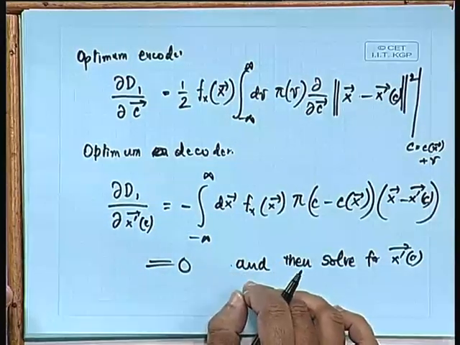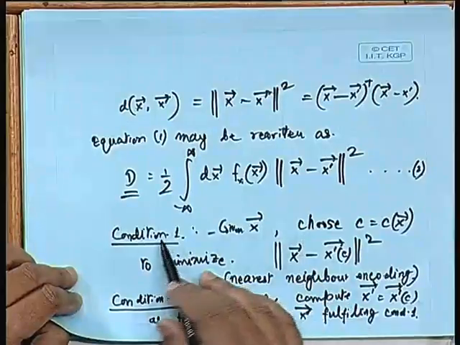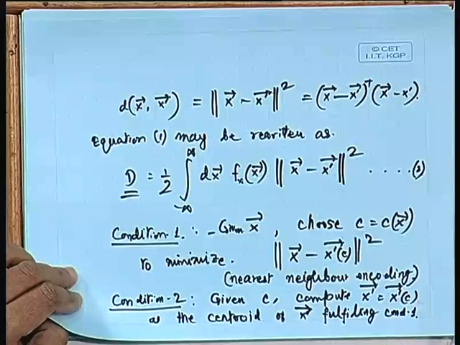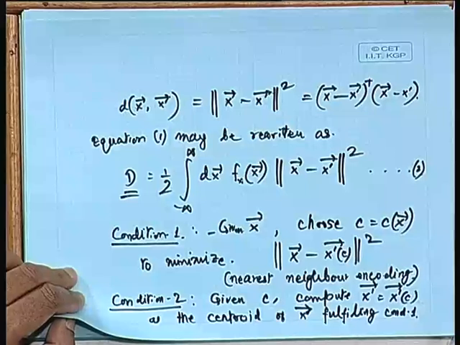Now, the conditions that we had put forward earlier, in the noise-free encoder-decoder model, were condition 1 and condition 2. Condition 1 was the nearest neighbor condition, and condition 2 was the reconstruction vector condition, where we had said that it will be mapped to the centroid. In the noise model, condition 1 and condition 2 slightly get modified.